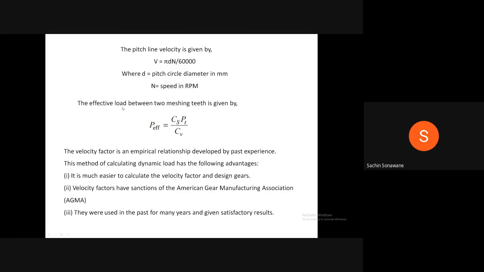Therefore, the effective load between two meshing teeth is given by P effective is equal to Cs Pt upon Cv.